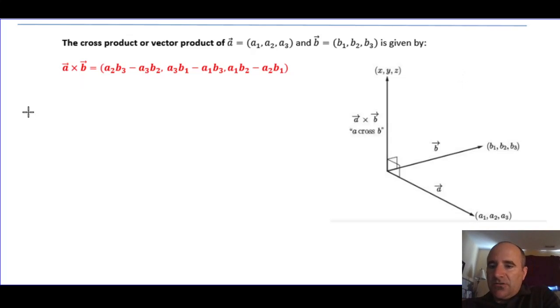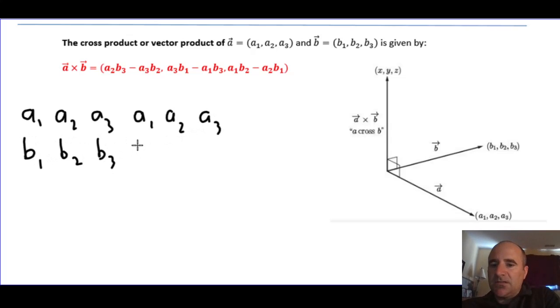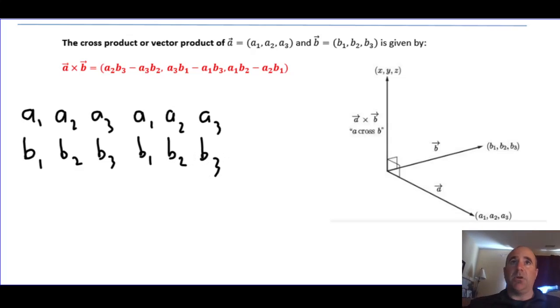So what you do is, notice I write vector A twice, just like so. And then down below, I'll write the same thing with vector B twice. Then what I do is I take the first and last and I just ignore them. And you can kind of see the formula is here.